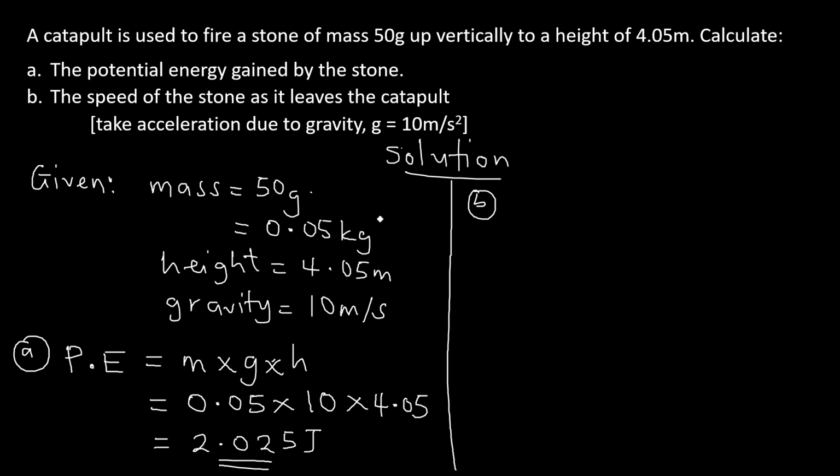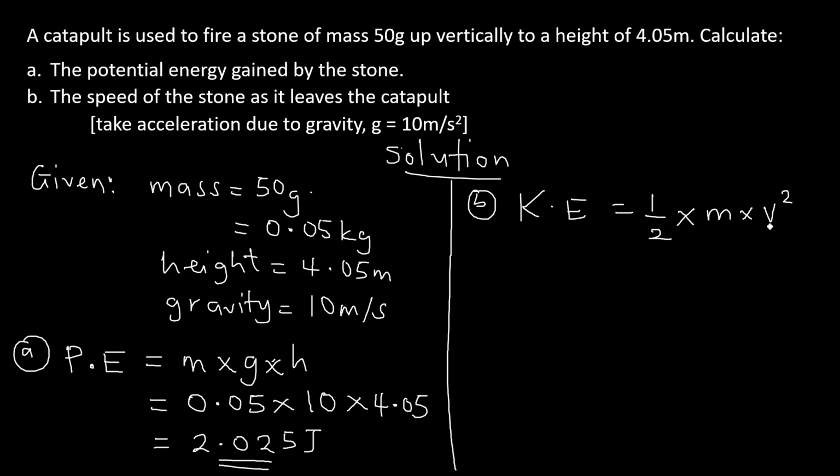If we know the value for the kinetic energy, we should be able to find the speed, because kinetic energy is equal to 1/2 times mass times velocity squared. If we knew the answer for the kinetic energy, we already have the mass. So that will help us to find the speed of the stone as it leaves the catapult.